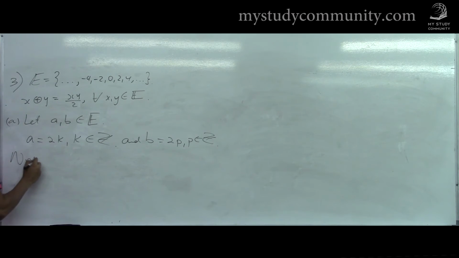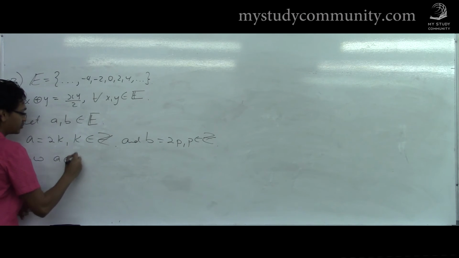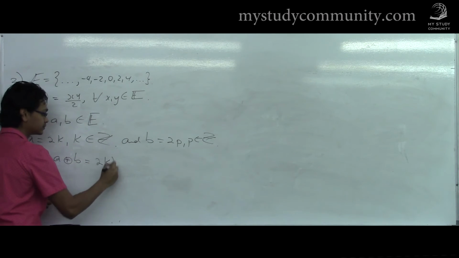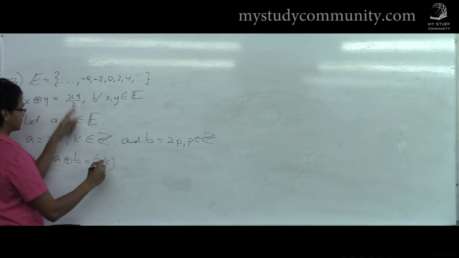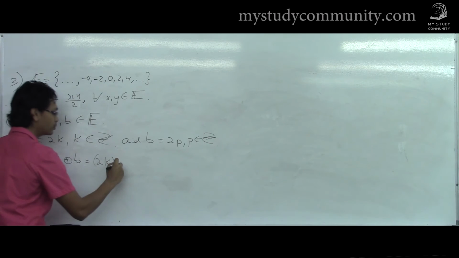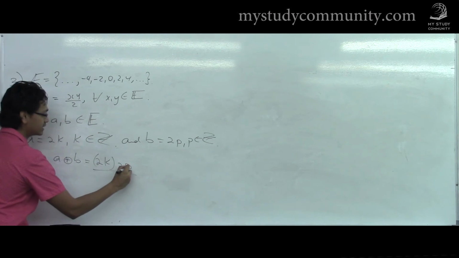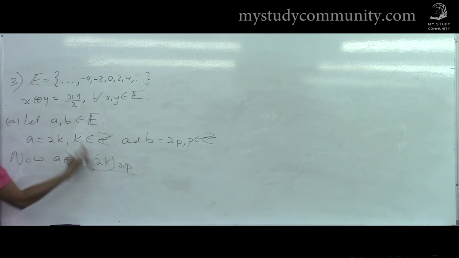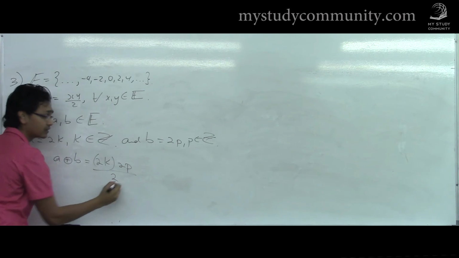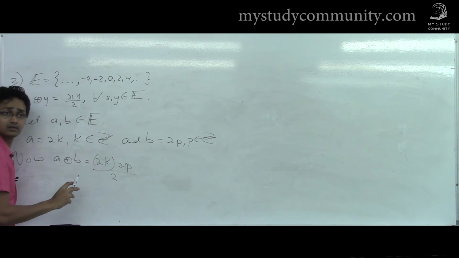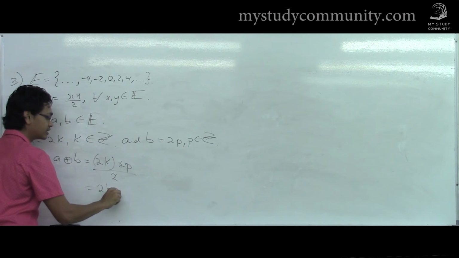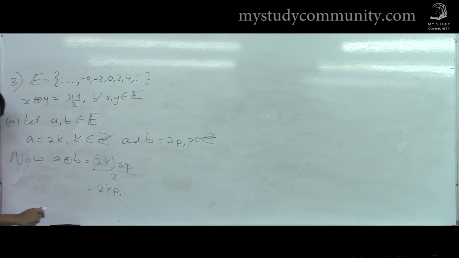Now, A circle plus B equals to, what is A? A is 2K and B is 2P, but A circle plus B is A by B over 2. Yes? Which simplifies to 2KP, which is even.